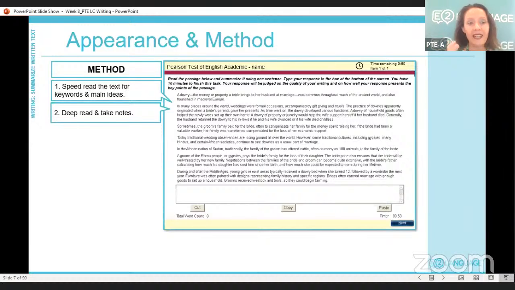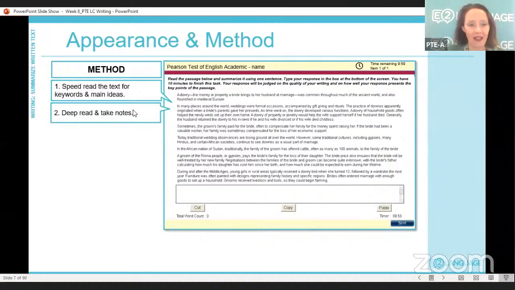So a summary is just getting those main points. And it could be, for example, some research and what they discovered. Or it could be something that happened in history and a reason or outcome that it happened. So this is just getting those main points, not too much detail.